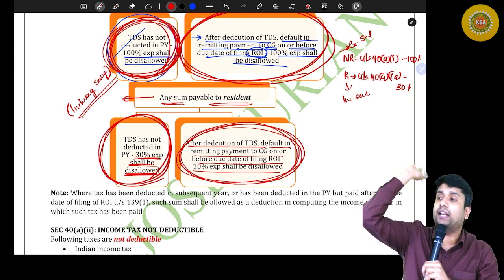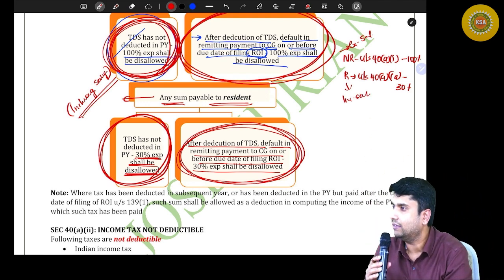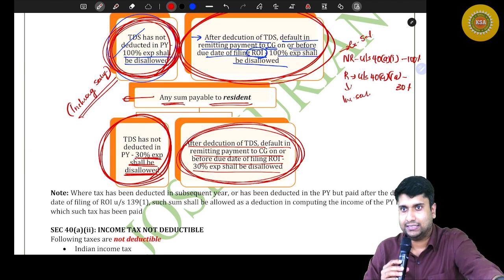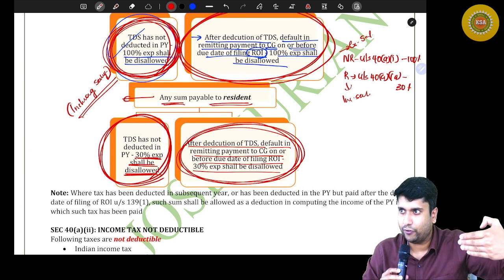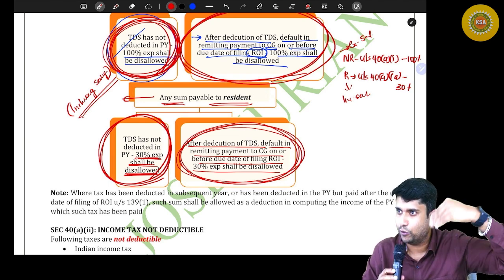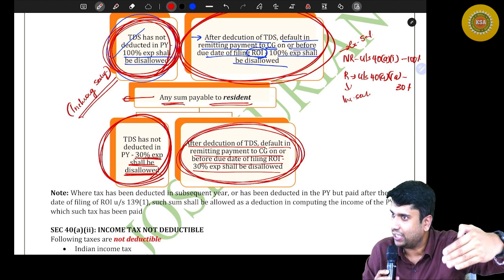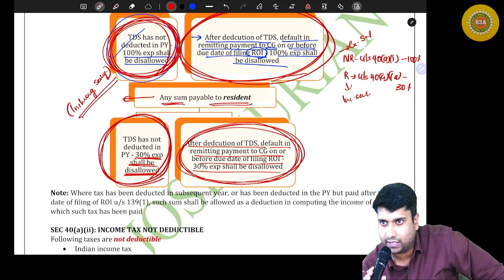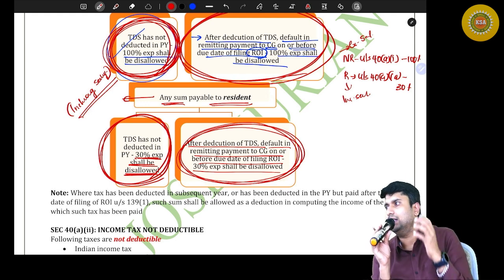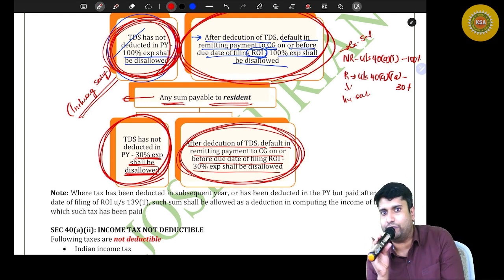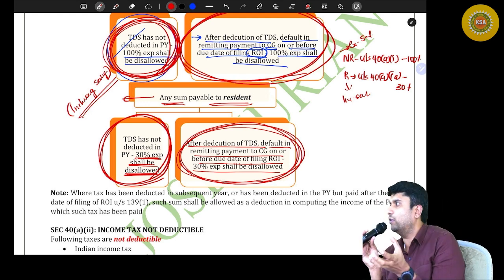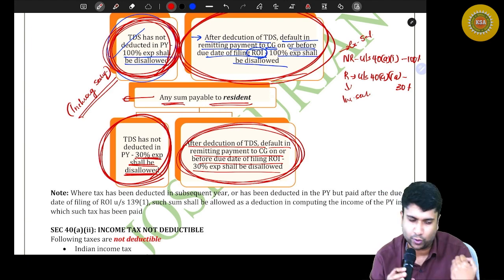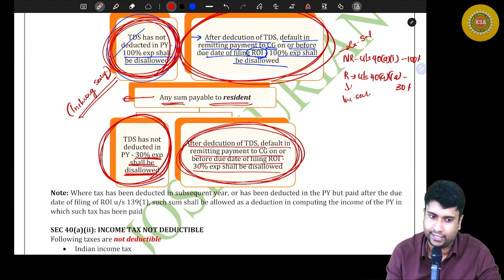Both are temporary disallowance. What do you mean by temporary? In the second case, once there is a default, there will be 30% disallowance. In future, if you have rectified it correctly, you can claim that 30% back as a deduction. Are you with me? No problem. Are you all with me?